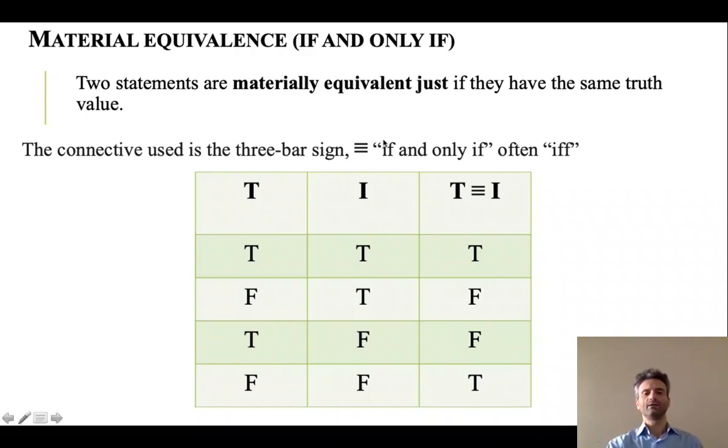The only way that the compound statement is false is when, as you can see, the truth values of the individual statements are different. Okay? So Charlie is tall if and only if Charlie is intelligent. See, they depend one on the other.